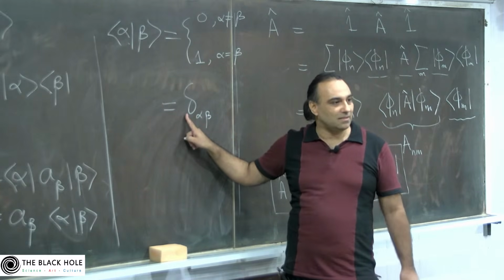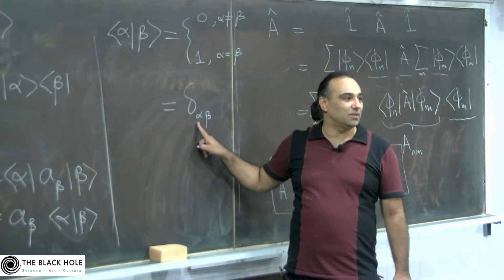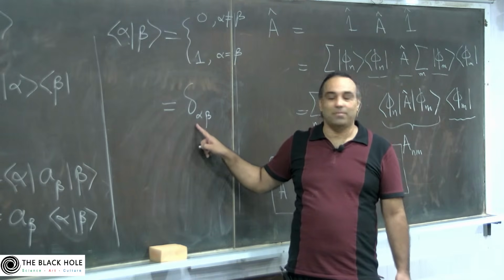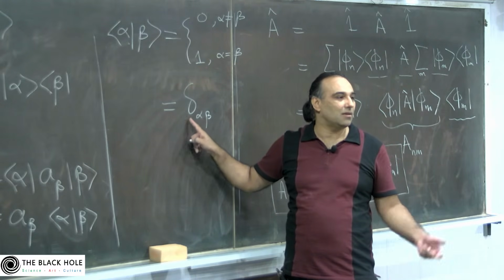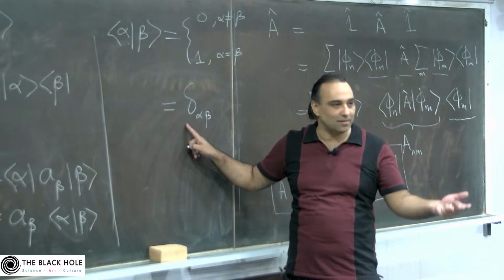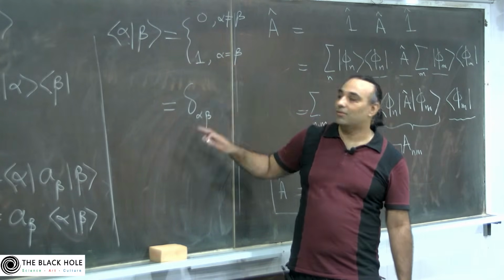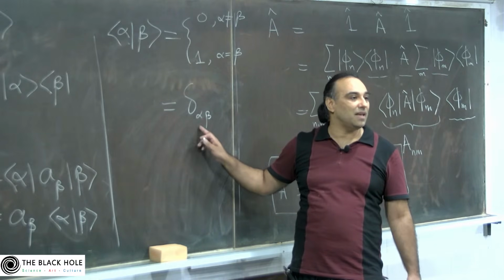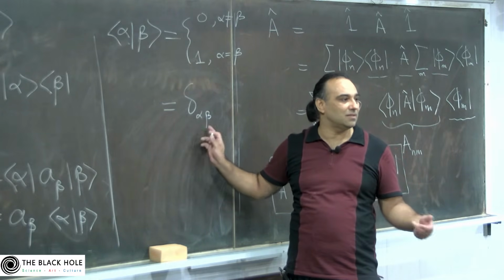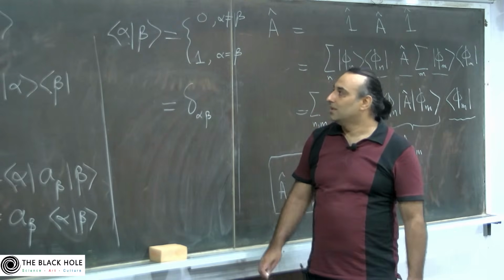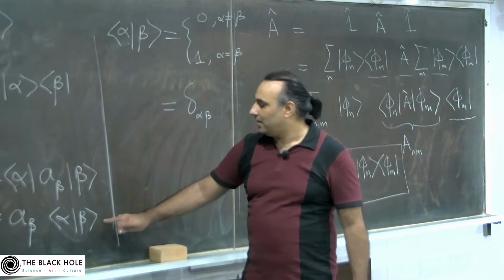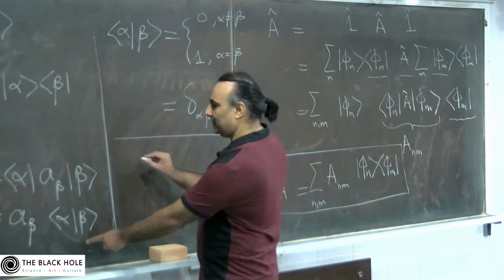This is a delta symbol with the subscripts alpha and beta, and it is called the Kronecker delta. It actually means this: it's 1 when these two indices are the same, and 0 when these indices are different. Okay, so now we can simplify this expression.